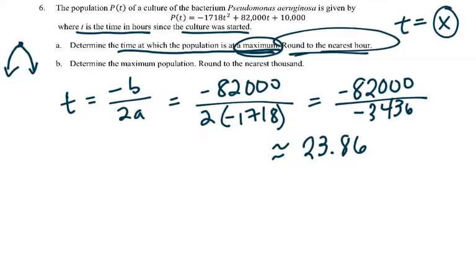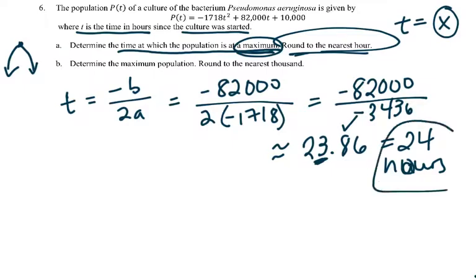I round to the nearest hour, that's the whole number, the ones place. So looking at the neighbor to the right, that's going to round up to 24 hours. So you would say the time at which the population is at a maximum is after 24 hours.